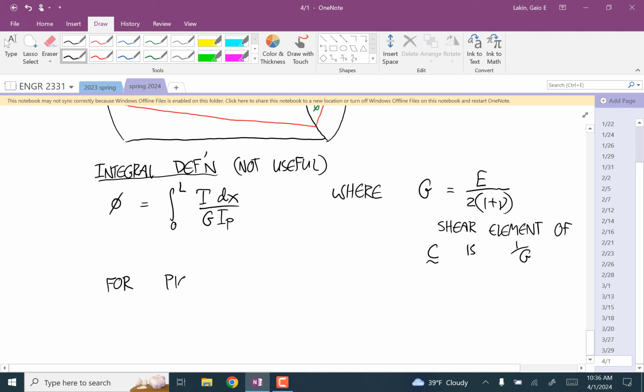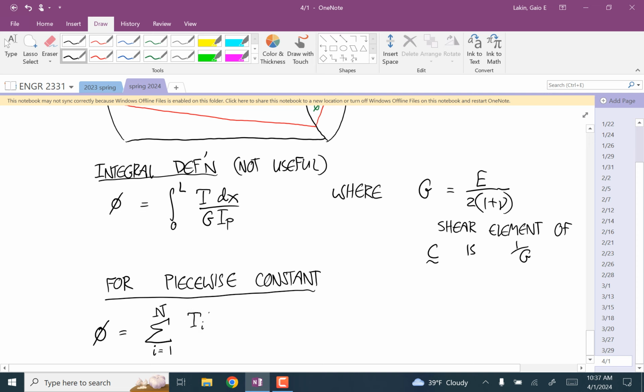And so what you get is that the angle of twist is the sum over all the pieces, say there's a total of capital N pieces, of T times L over G I_p.